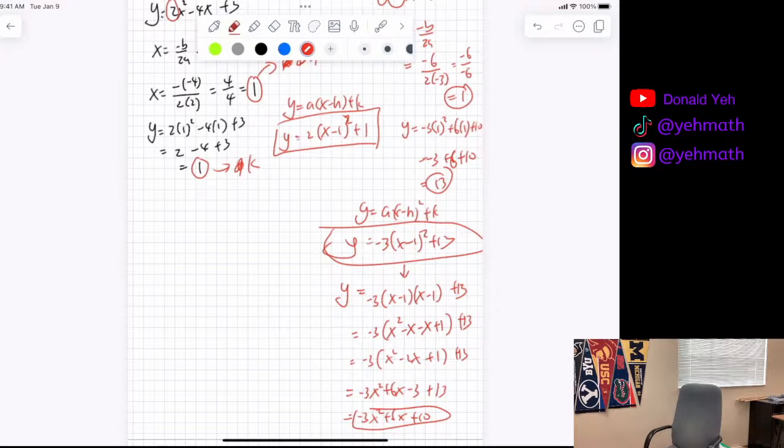Is it printing? It's on the way down. Nathan, you're going to be last.